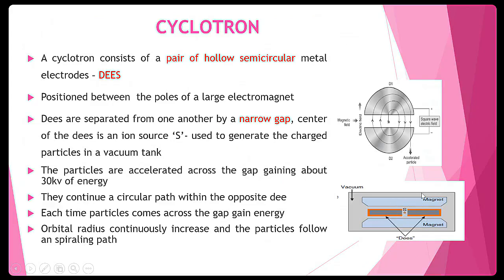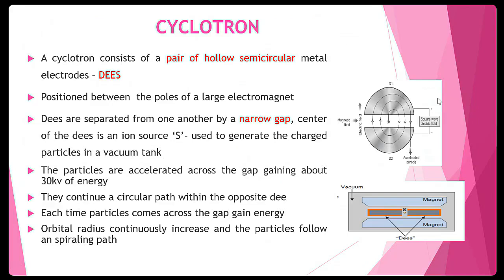There will be a small gap between the Ds, and in the center of this gap there is a point called S, where we keep the ion source, which holds the thing we are supposed to produce.